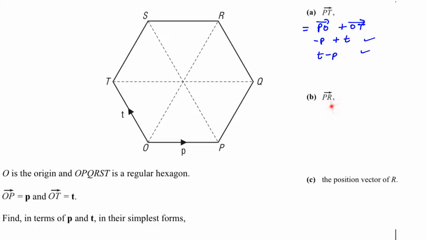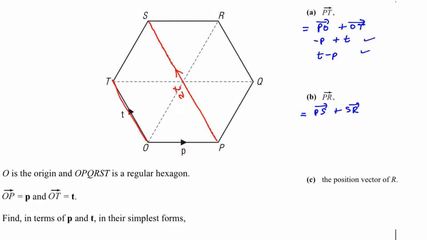B, we have to find PR. There are many ways to do vector questions. You can choose whichever way you find easy, whatever direction you want to go. I'm going to go through PS and SR, but please write down what you are doing. So PR is equal to PS plus SR. I explained to you before that the line in the middle, which is parallel to OT, is going to be 2T.